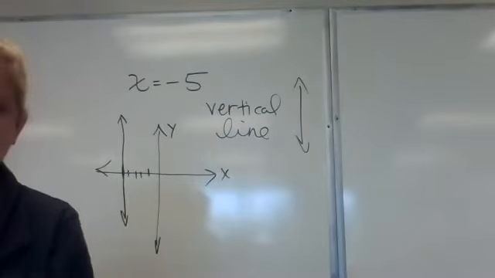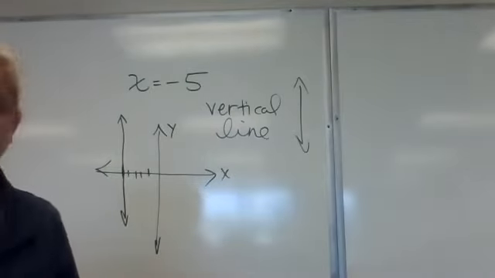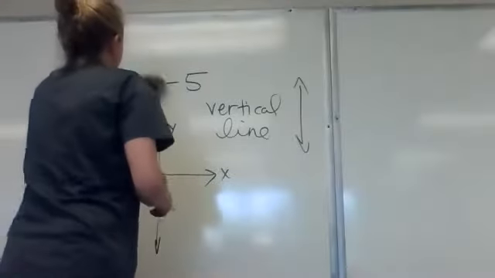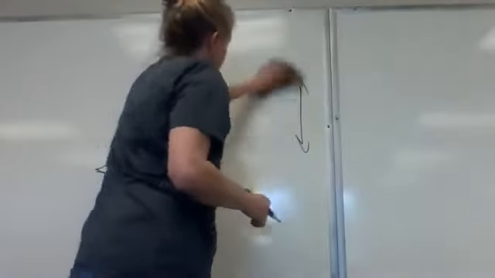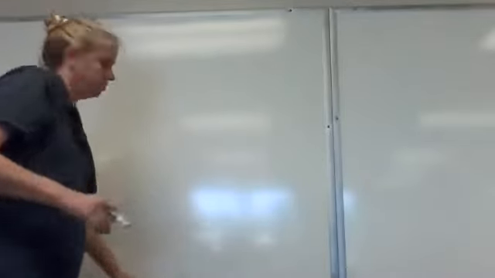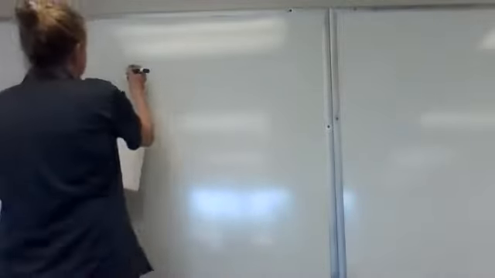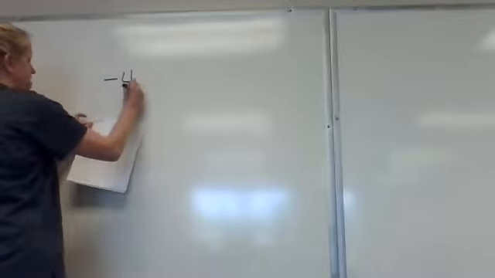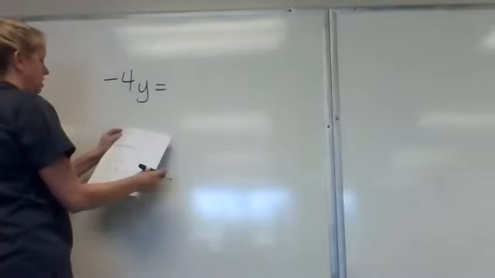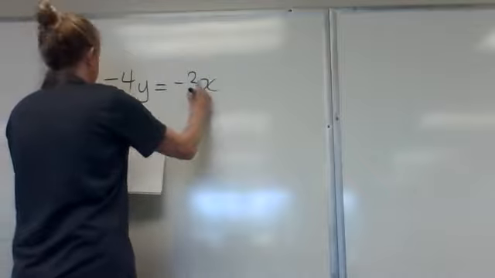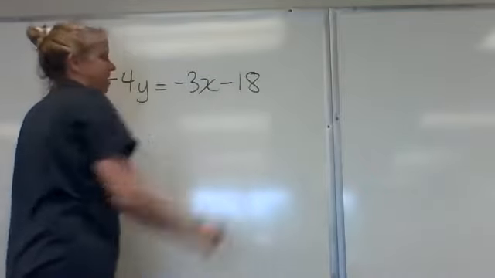Number 13. Find the slope of the line, and it's giving me the equation -4y equals -3x minus 18.